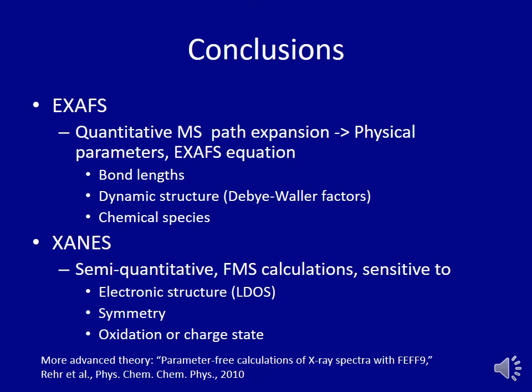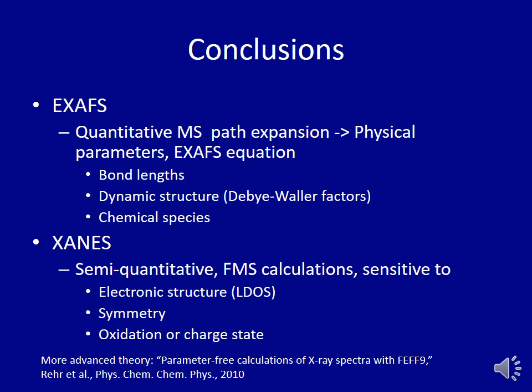So anyway, in conclusion, I hope you have seen a reasonable amount of theory of XAFS and XANES. You should now get an idea that XAFS is quantitative and can be used to extract things like bond lengths, dynamic structure, Debye-Waller factors in particular, and chemical species from experimental data by doing quantitative fits to the data.